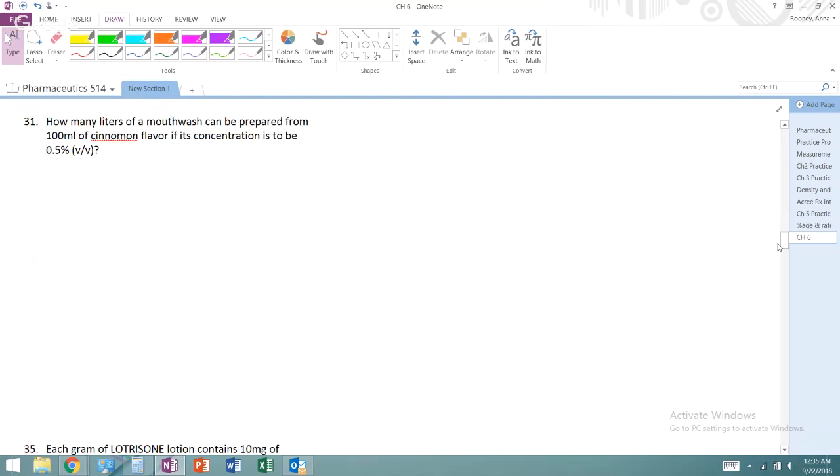How many liters of mouthwash can be prepared from 100 milliliters of cinnamon flavor if its concentration is to be 0.5% volume per volume? So we know the amount of cinnamon that we have, and we know the desired percent, and that out of 100%.